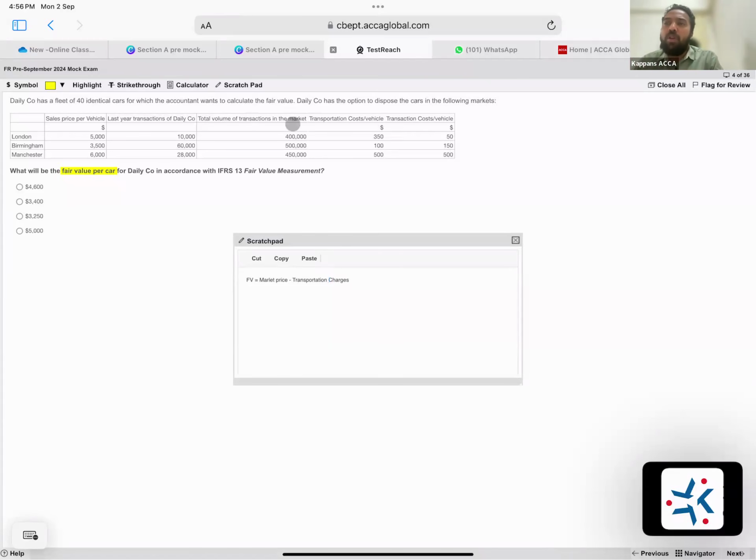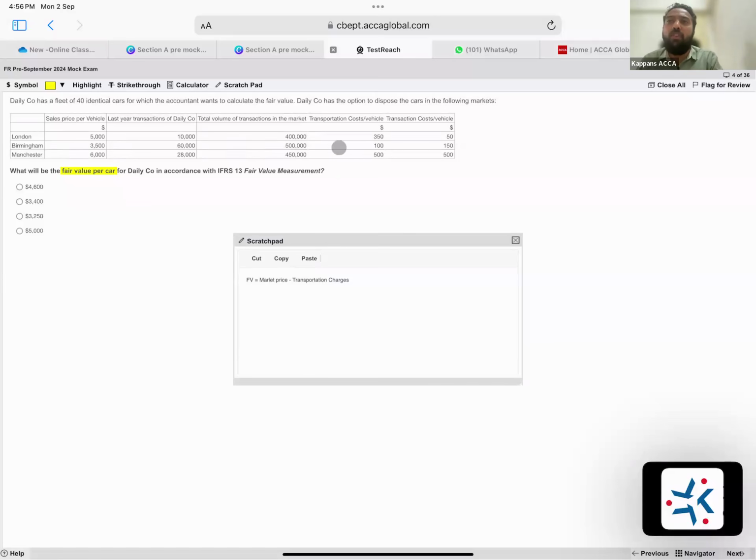So looking at the total volume of transactions in the market, the maximum cars are being sold in Birmingham. So Birmingham will be chosen as the principal market. 500 is the highest one. So fair value should be based on the principal market, that is Birmingham.